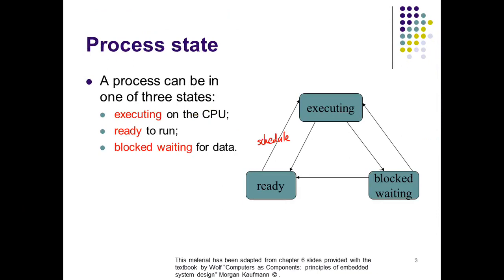When you go from executing to blocked or waiting, this is when you go to sleep or when you wait for some data or some input-output. You'll go from being blocked to being ready when you get your data or when you wake up from your sleep. And this ready state will have a queue of ready processes, generally speaking.